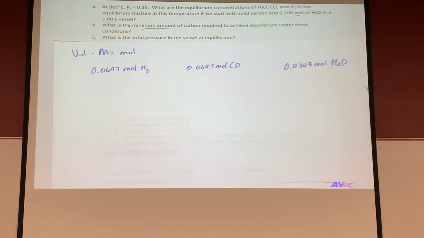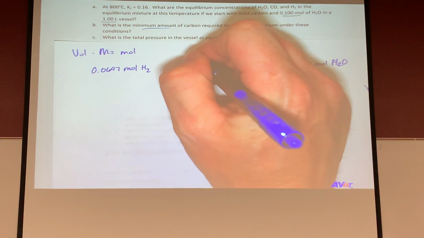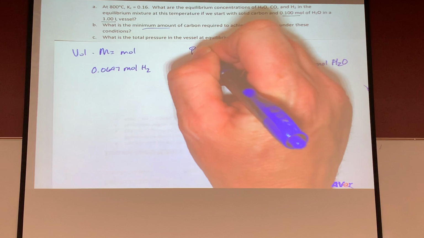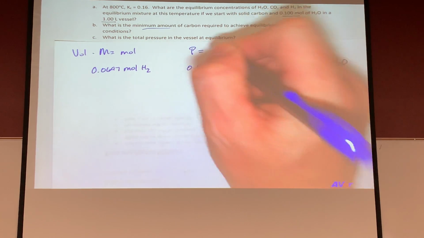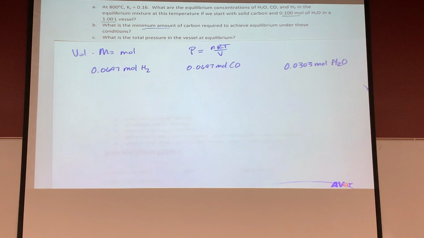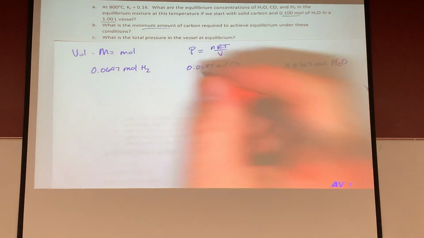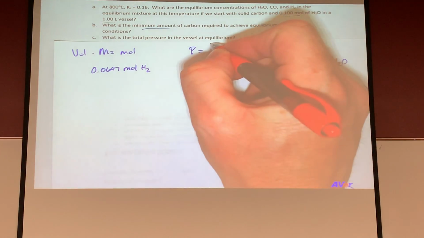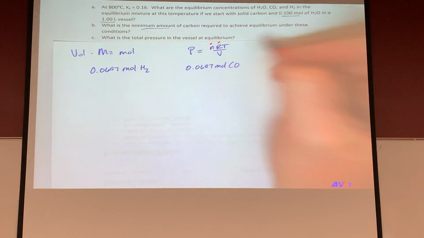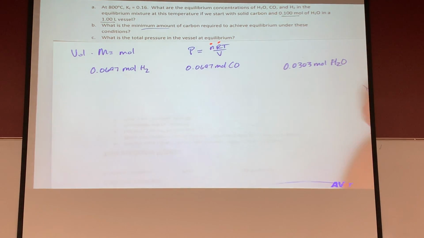Here's why you need to know it. You're using the idea of gas law, PV equals nRT, and you're after the pressure part, which is n times R times T divided by V. And if you look at the information that you've got, moles here all the way across, R is a constant, 0.08206.